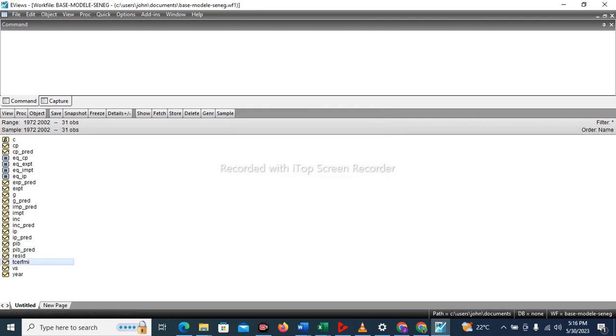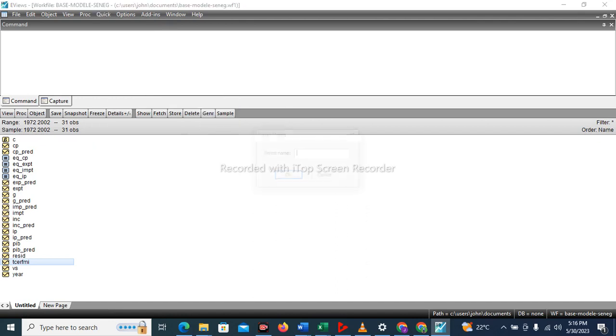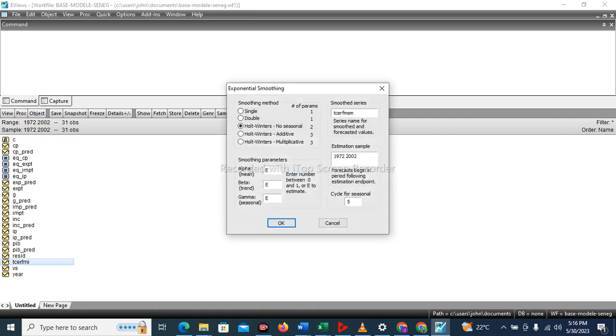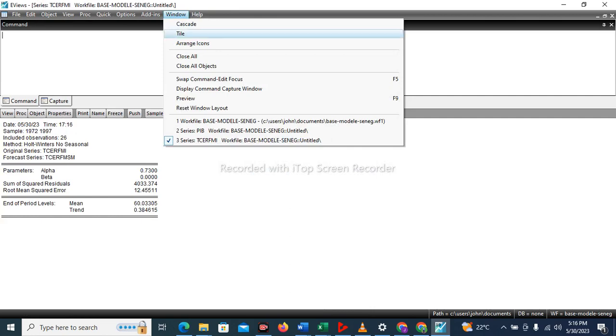Lastly, we also have real exchange rate, to populate it. So again, do due diligence. Again, it was not stationary. We use Holt-Winters and more seasonal. Then there we have it.